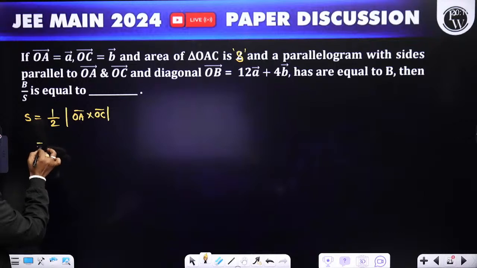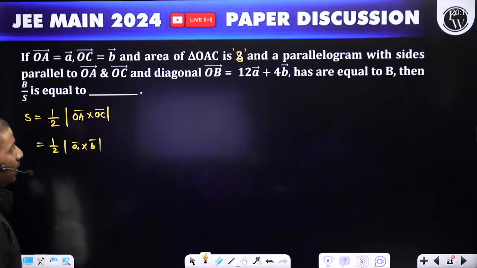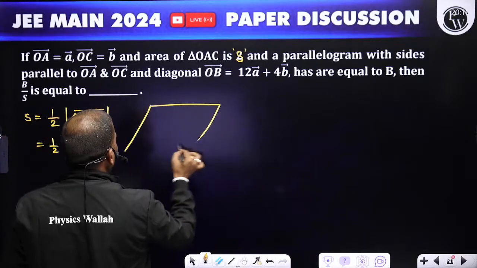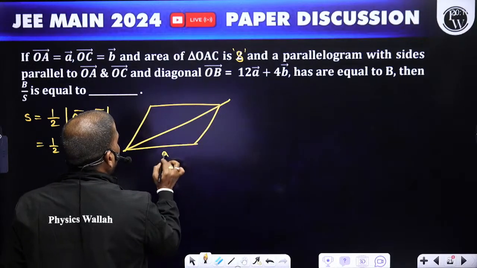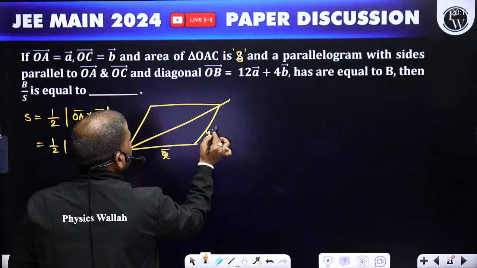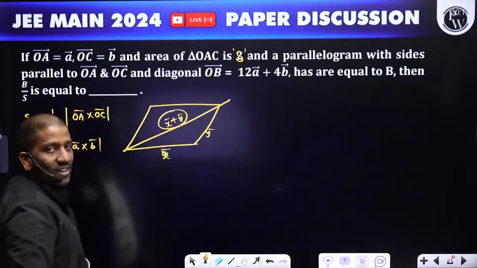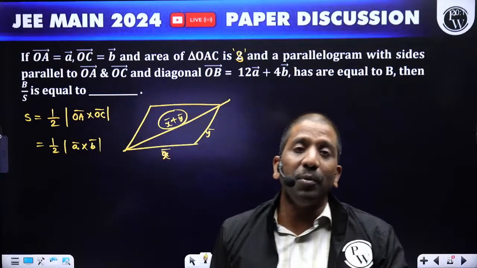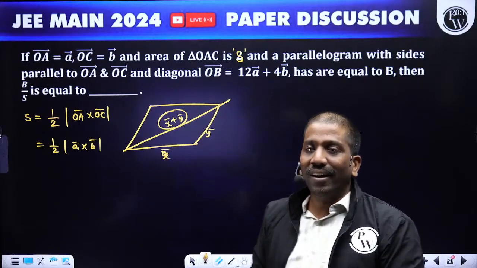So that means half of A bar cross B bar is the area of the triangle. But coming to the parallelogram, the diagonal is given as, suppose this is X bar and this is Y bar, this will be X bar plus Y bar. That's what we know. Diagonals are A bar plus B bar and A bar minus B bar, when A bar and B bar are adjacent sides.